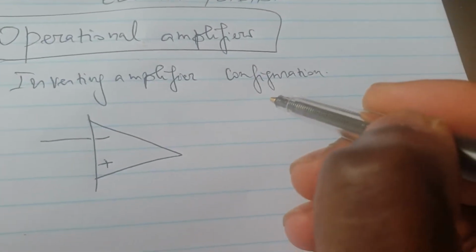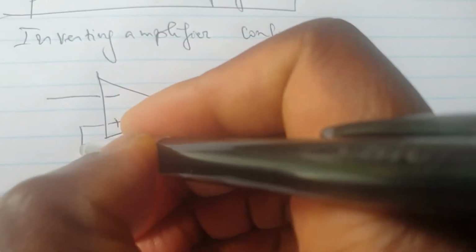In which case we had studied that the input signal is applied to the inverting or negative input of the operational amplifier. And with the inverting amplifier, we had the non-inverting input, which is the positive side, grounded.